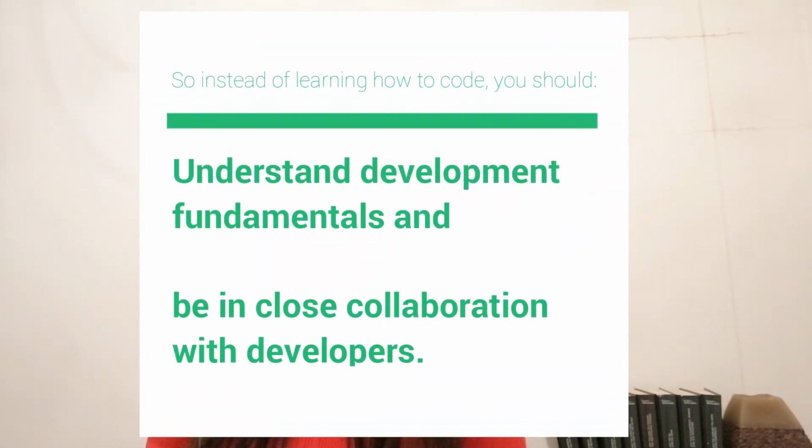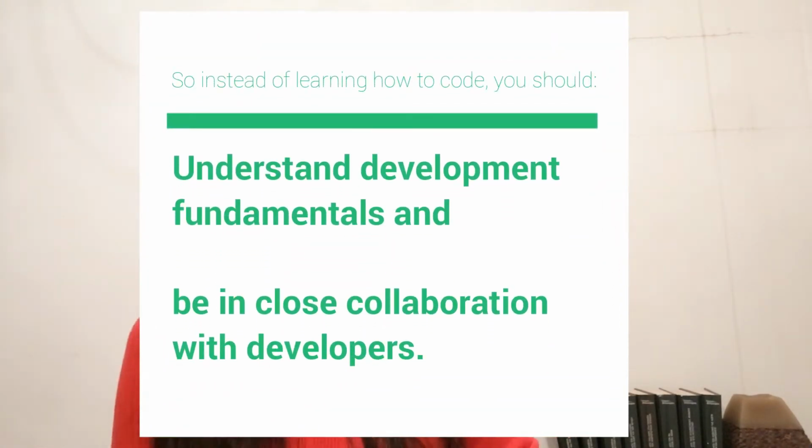I believe that the most important thing is establishing mutual trust. Developers should know that you understand the risks, costs, and trade-offs of a design decision, so that you won't ask unreasonable things, and you should feel that they won't try to avoid solving more complex problems. So instead of learning how to code, you should understand development fundamentals and be in close collaboration with developers.